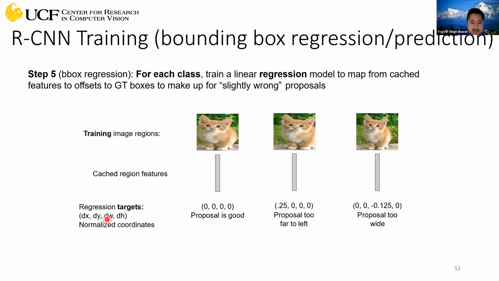Now, it's not that straightforward to get these numbers. I think in the original paper, the displacement in X and Y was normalized with the width and the height of this proposal. So in this case, if it's saying 0.25, you can see that this distance is a quarter of this width, right? So that's why it's 0.25.